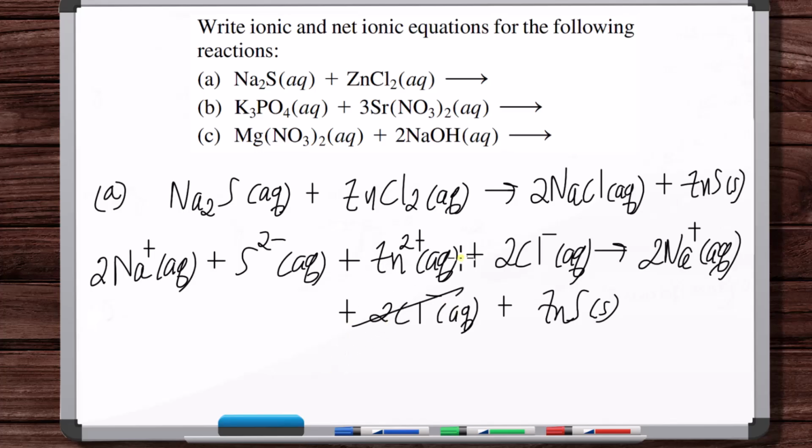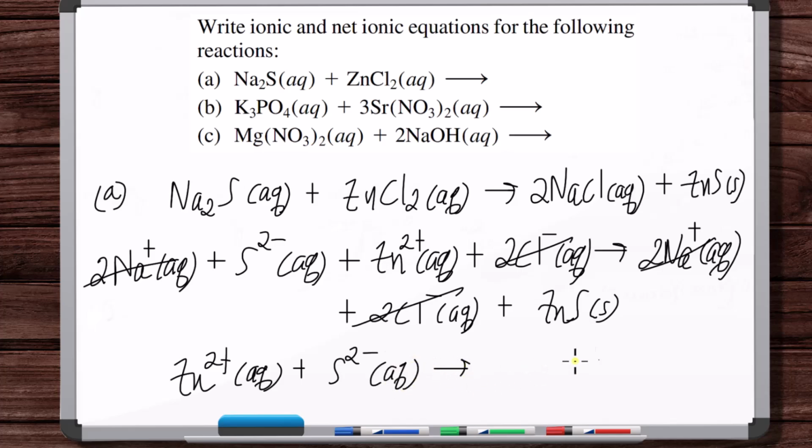Now the spectator ions, we cancel, and we're left with the net ionic equation. So zinc 2 plus aqueous plus S2 minus aqueous, then zinc sulfide, solid.